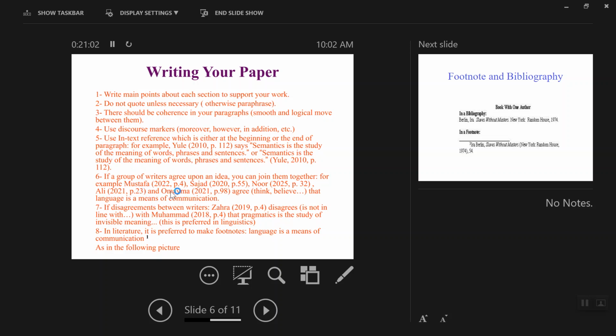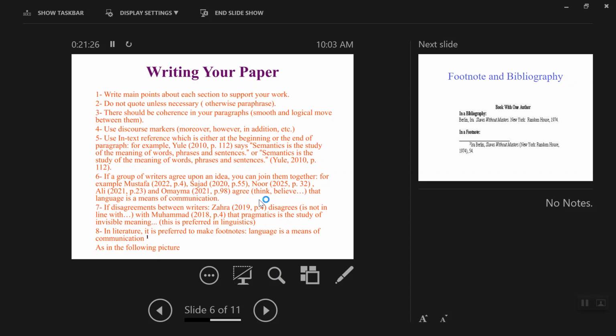For example, if a group of writers agree upon an idea, you can join them together. For example, Mustafa 2022, page 4, Sajjad, Noor, Ali, and Umaymeh agree, think, believe. All of them agree. Why do you use all these sources?